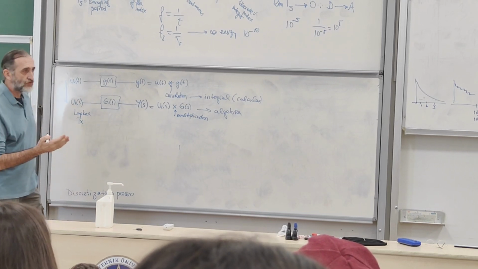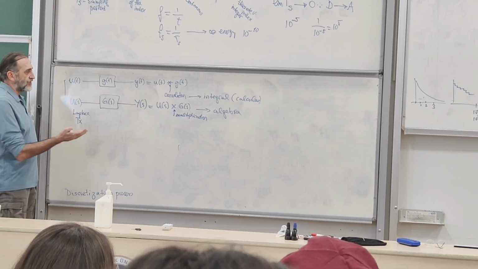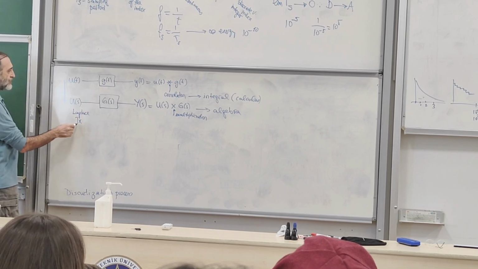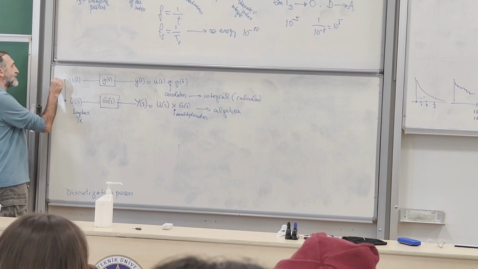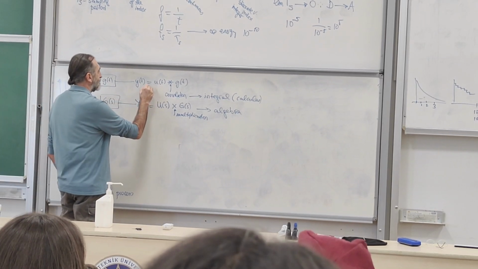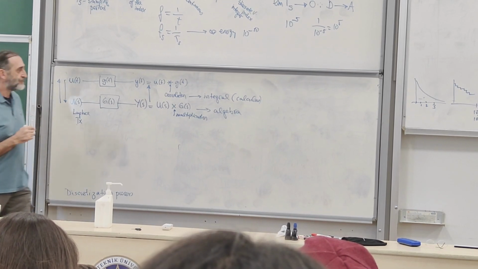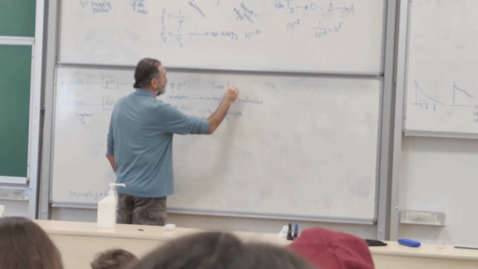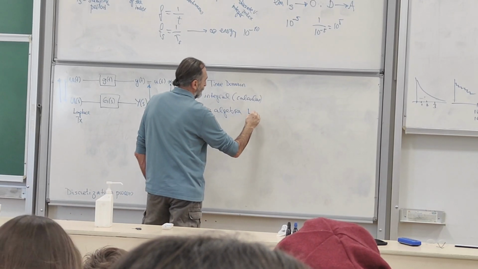It gives you a huge advantage in calculating the responses. The only problem is that since you came here through the transform, you have to go back to understand what the output is in the time domain. This is the time domain, and this is the Laplace domain.